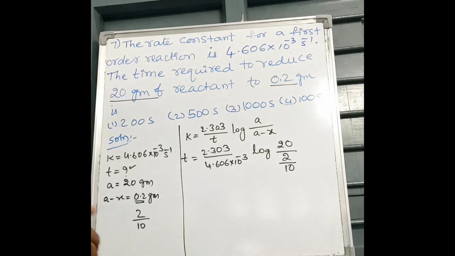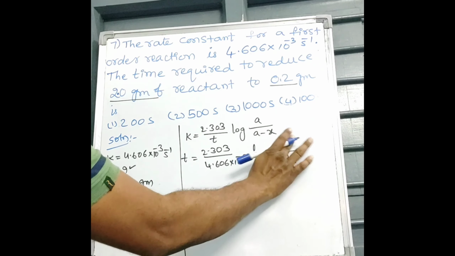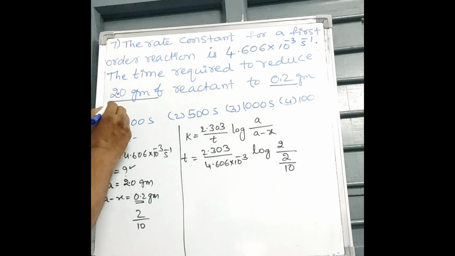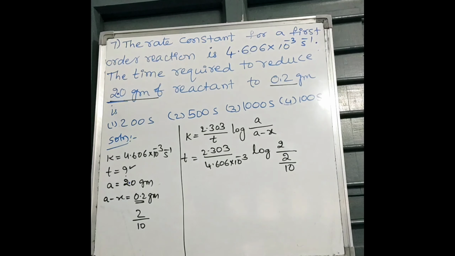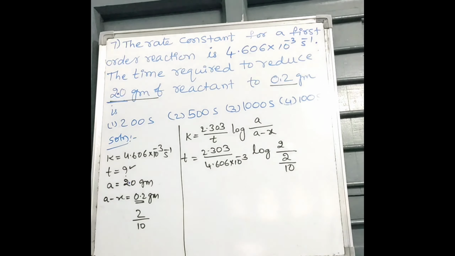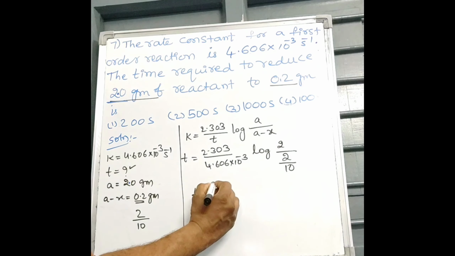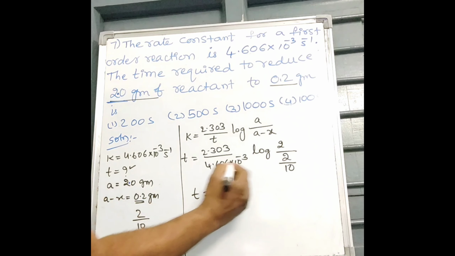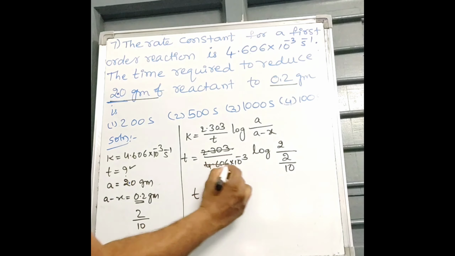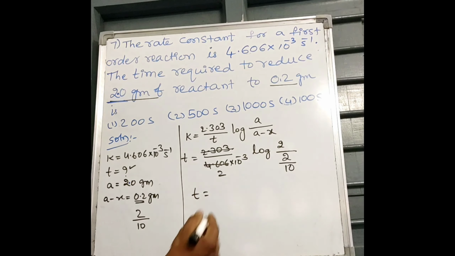Here in the problem, students, 2.0 grams, I'm sorry. A is equal to 2 grams. I forgot to write 2 grams, instead I wrote 20. So 2 by 2 by 10. So T is equal to, how can we write here simply? 1 by 2.